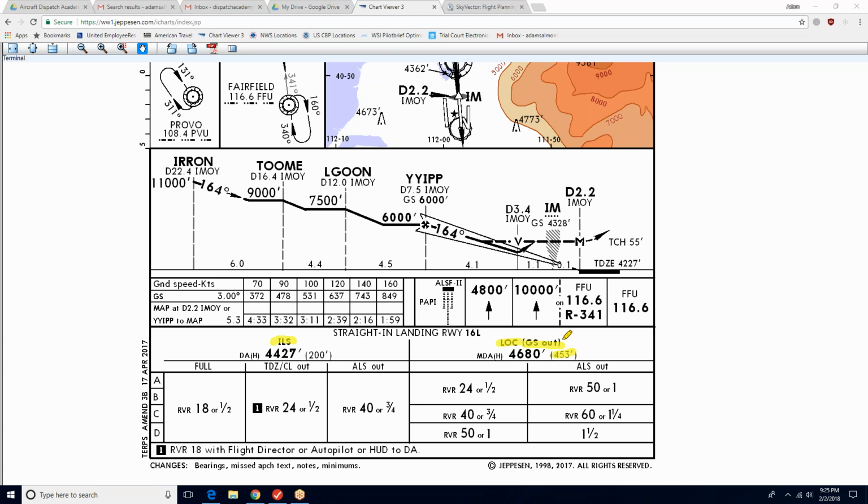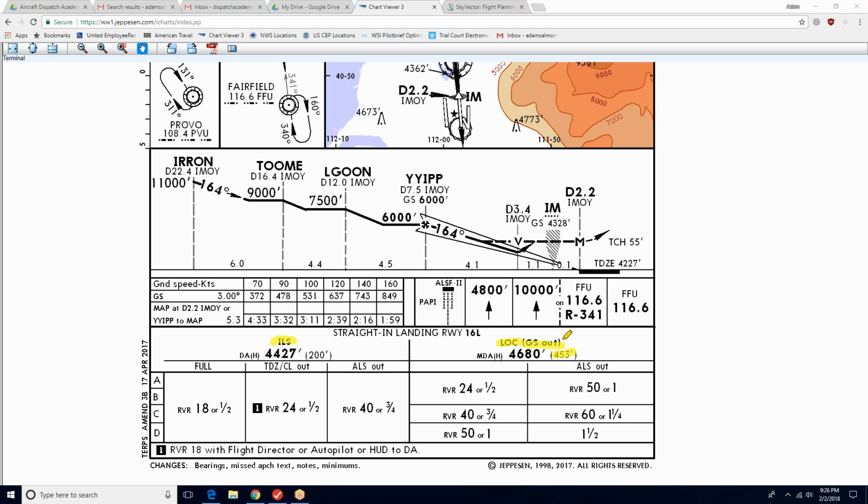Correct. Well, the big thing is it is not possible for your altimeter to read 453. Your altimeter is only going to read in hundreds of feet. So even if it said 401, you could never actually see 401. You can only see 400 or 500.